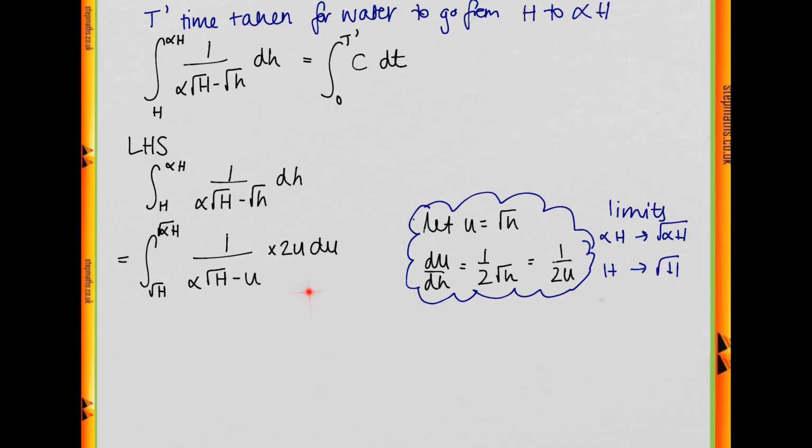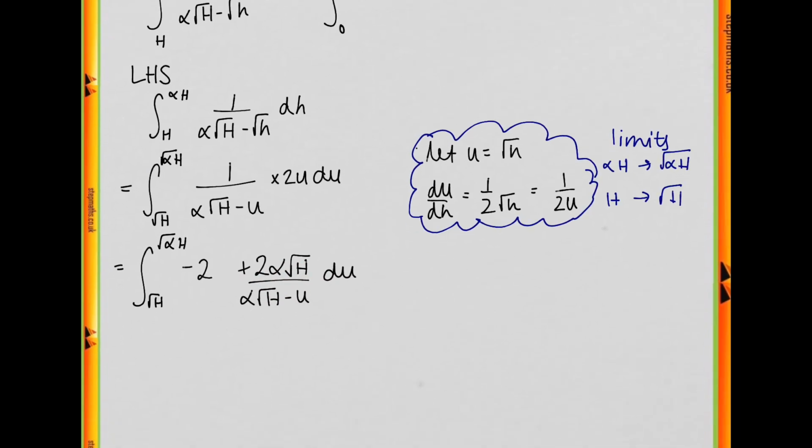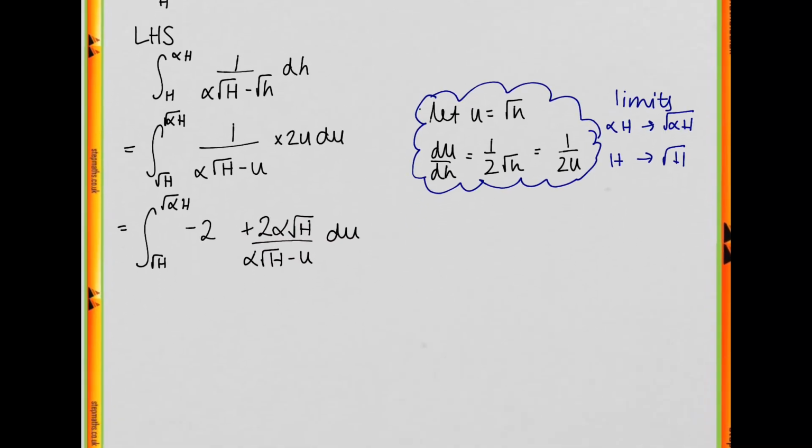Okay, splitting this into a number and a fraction term, because note that we have the same order on both the top and bottom, we get the integral between root H and root alpha H of minus 2 plus 2 alpha root H over alpha root H minus u. This is a standard integral, which is the log integral.